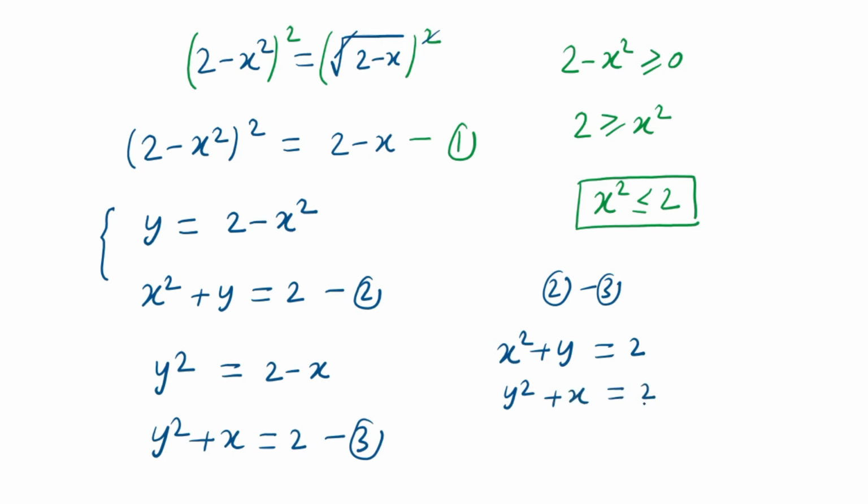If we subtract equation three from two, then on the left hand side x square minus y square plus y minus x equals 2 minus 2, which is 0. So x square minus y square plus y minus x equals 0. Here we have the difference between two squares, x square minus y square.